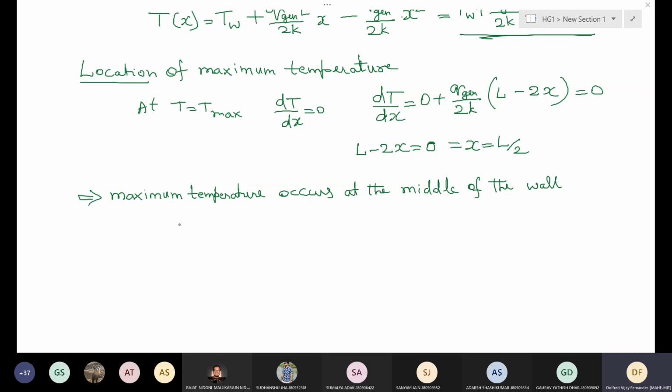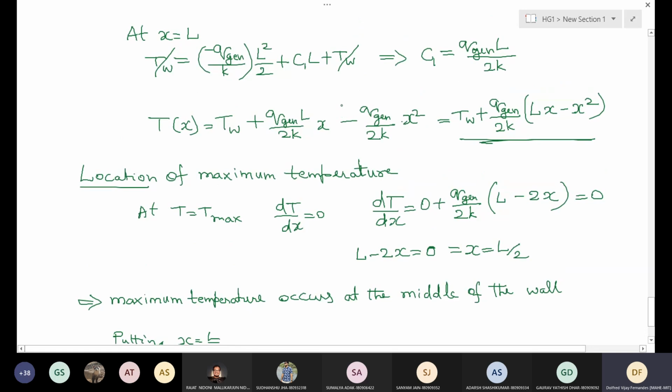Okay, so we got the location, and we can also write the maximum value. T max, you have to substitute. T max is T_W plus, x equal to L by 2 in this, our equation 2.